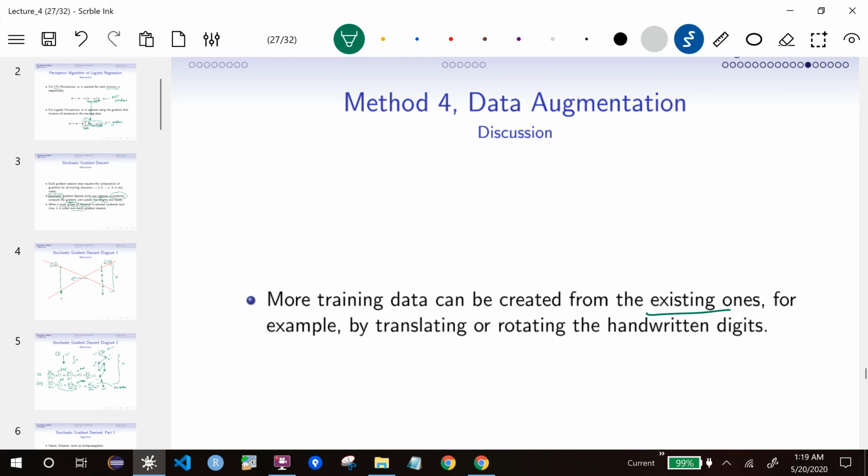For example, for programming assignment 1, we can translate the handwritten digits and get a new image, or we can even rotate them and get new images that are similar but not exactly the same, and put all of these in the training set so we have more training samples. That would help. Of course, more training samples would make the model more general.